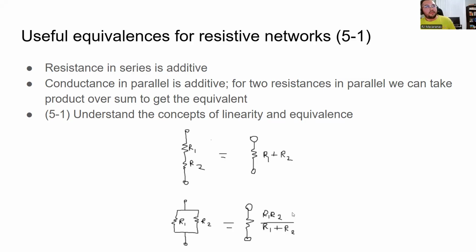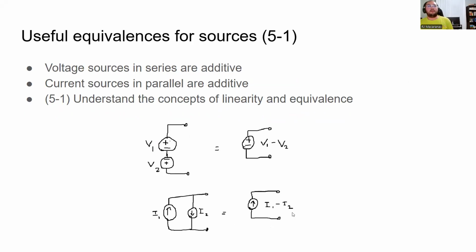Some other useful equivalences occur for sources. Here we've got voltage sources. Whenever they are occurring in series, these are going to be additive. You can see these are actually drawn in different directions.